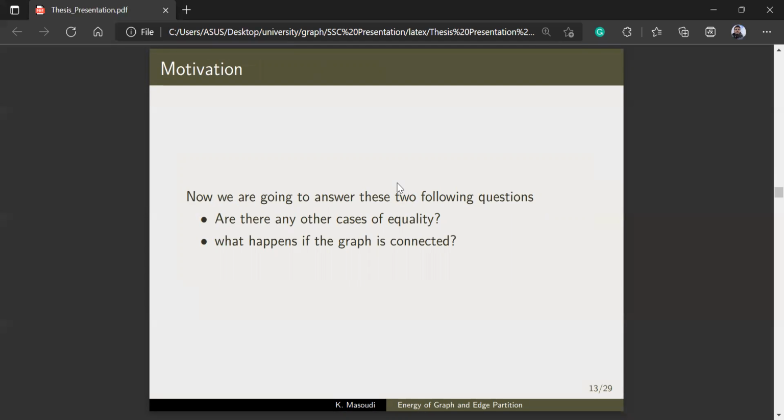And now we have seen that for a non-connected graph, the equality can hold. Now, you may ask these two questions. Are there any other cases of equality? What happens if the graph is connected?